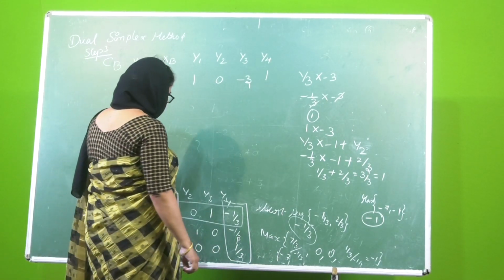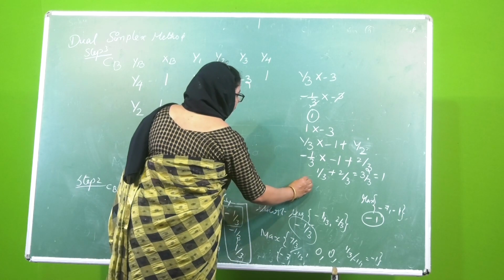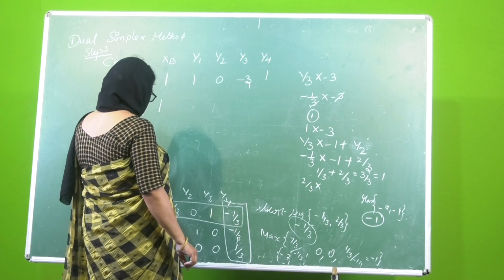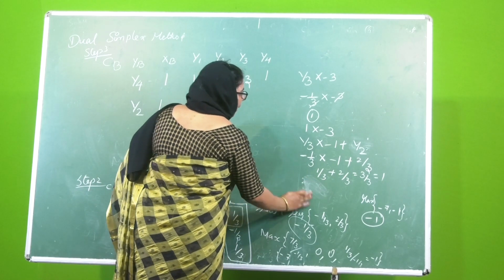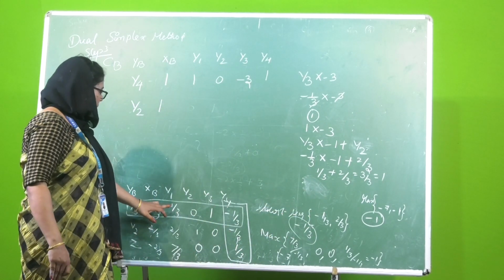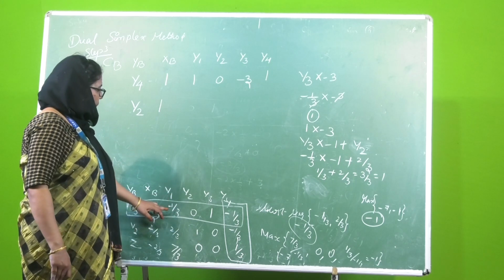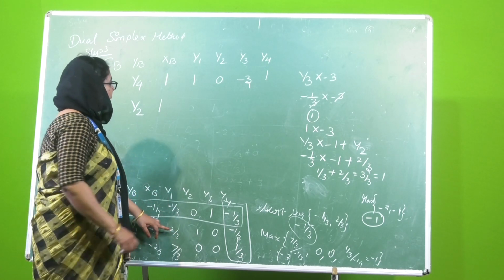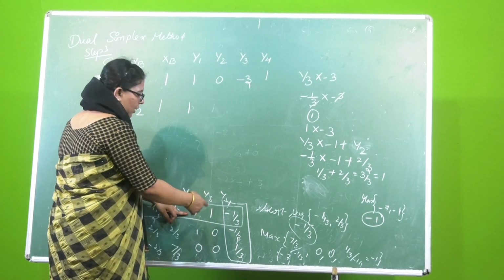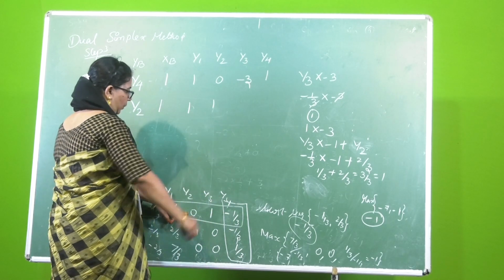Next, 2 by 3. Next is also 1 by 3. The next y3 value is -1 by 3, the same; -1 by 3 plus 2 by 3 gives 1. Next value is 0; 0 into anything is 0, and add 1.